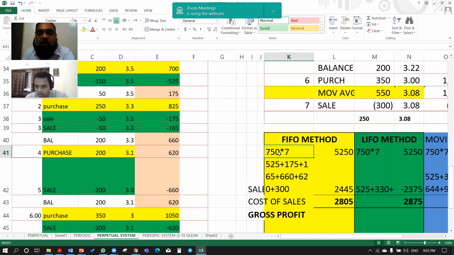So we have 750 units sold, 750 into 7, am I right? Under all methods it will be the same: FIFO, LIFO, and moving average.